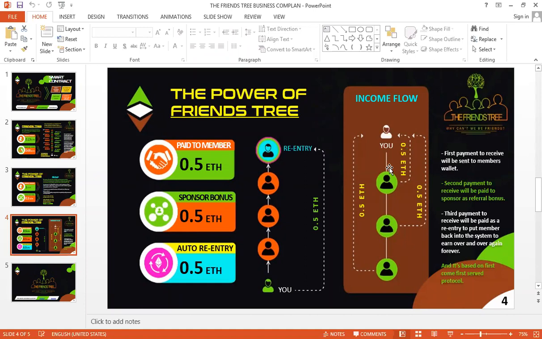So in total, you make 150% profit, and that is it. How amazing it is! So everything is based on timestamp, as I explained. It's a first come first serve protocol, and the system cannot skip you. The system cannot skip others to come and pay you. You have to be in the queue until it gets to your turn, where you will earn and you will cycle out. So there you have it, ladies and gentlemen.